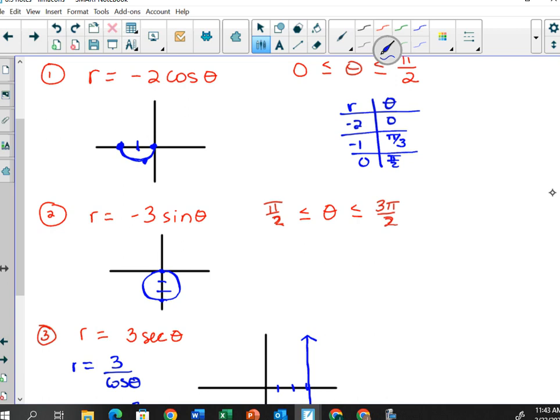This does not mean you're going to have a circle in the first quadrant. It means the angles that you're plugging in are between 0 and pi over 2. So if I made a table here, I'd plug in pi over 2. -3 times sine of pi over 2 would be -3. So I go to -3, pi over 2. And you start working your way around, and you end up all the way back.